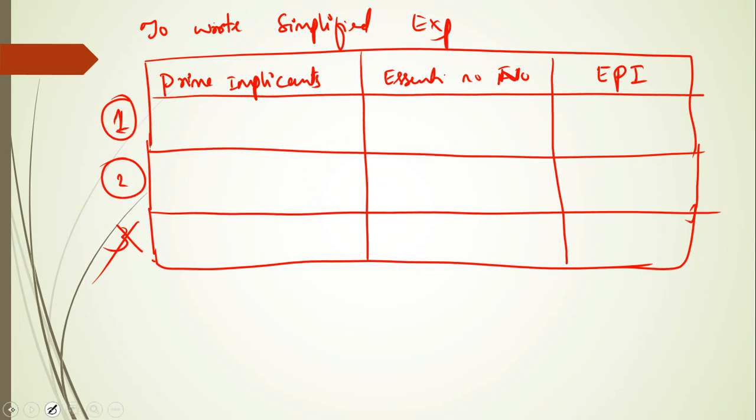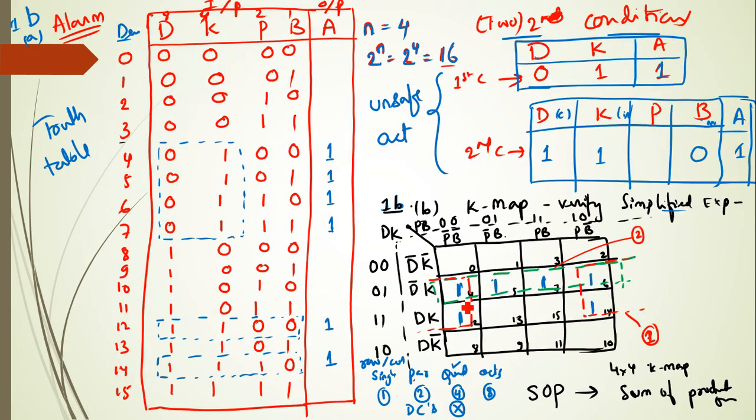Now if you go back to the K map, the first grouping is this one, which is in red, 1 1 1 1. See accordingly the rows and columns of those particular inputs. The inputs are D, K, P, B. These ones are in the rows D bar K and DK and columns P bar B bar.